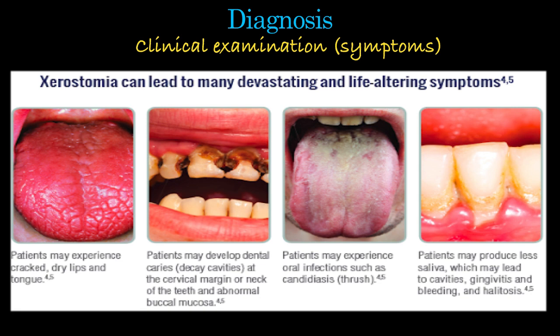With atrophy and dryness, in the lips we have cracking and peeling of the epithelium. If we see the tongue, we will find that all the tongue papillae are atrophied. The tongue will be erythematous in appearance, very painful. Maybe we have some fissuring and cracking also. The buccal mucosa would be pale, corrugated, and so on.